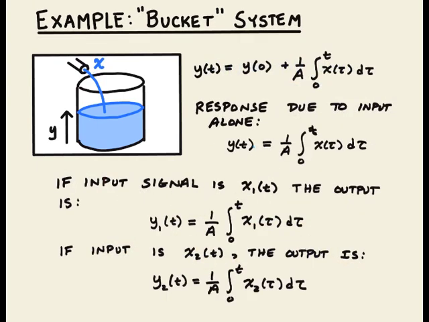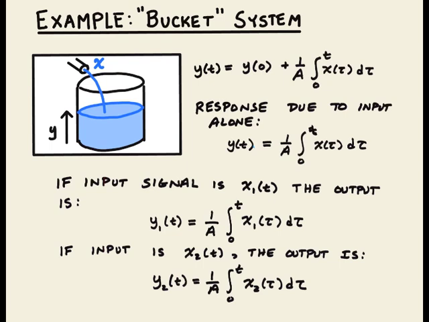Let's now show that the water bucket system obeys superposition. So the equation you remember for this system was y of t is equal to y at time 0 plus 1 over a times the integral. If we look at the response due to just the input alone, this would be y of t equals 1 over a times the integral, since y at time 0 is the response to the initial condition.